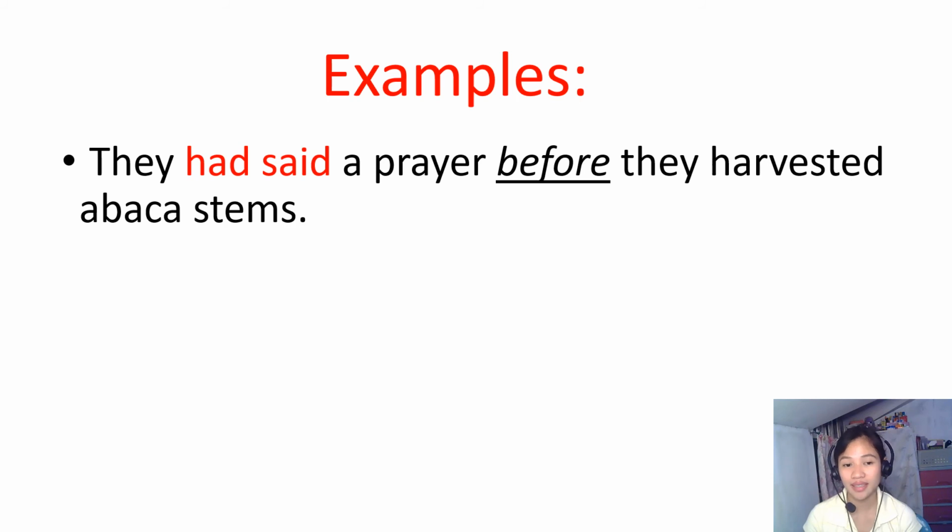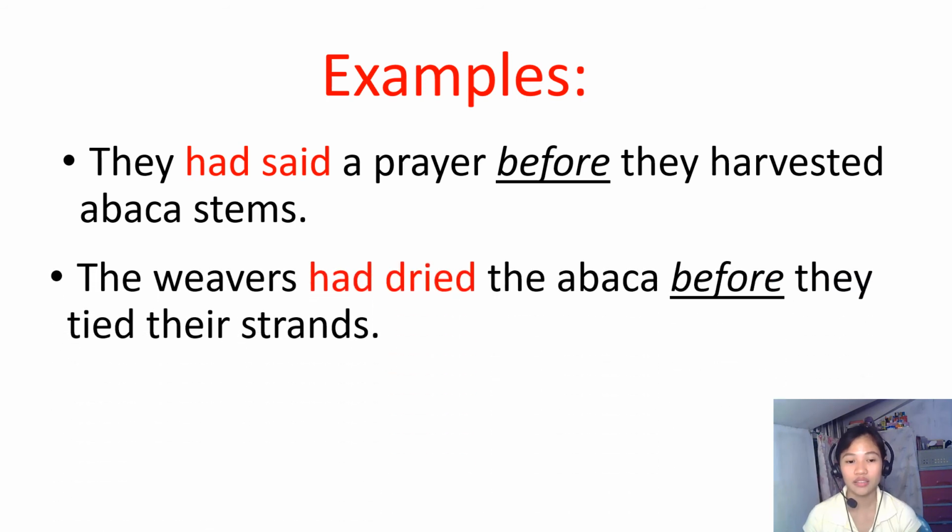Had said. I used had because it is in a past perfect tense. Said is the past participle of the verb say. Next, the weavers had dried the abaca before they tied their strands.